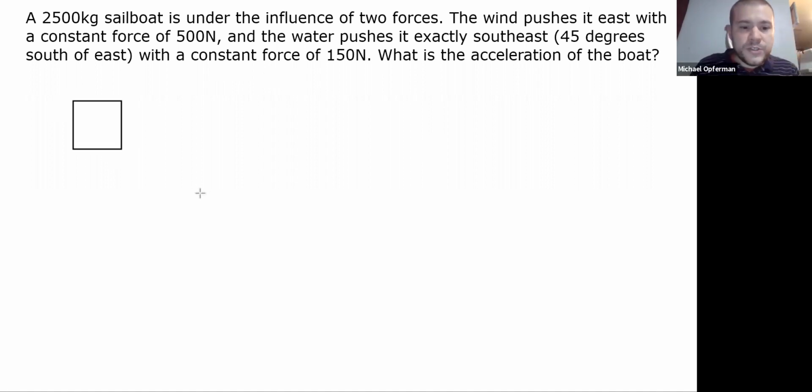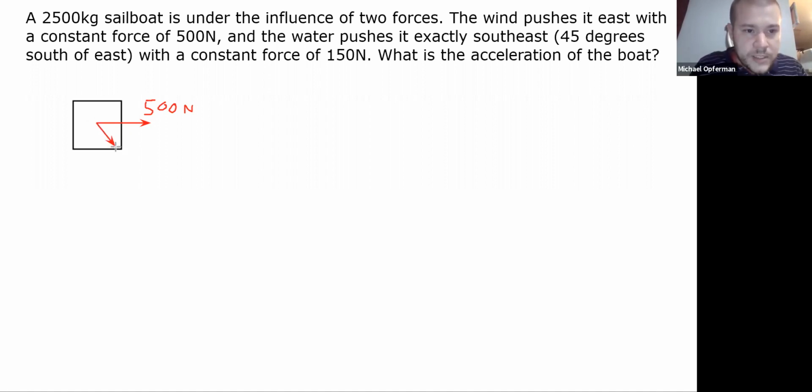Okay, the wind is pushing it east with a constant force of 500 newtons. So that's a 500 Newton force east. And then the water pushes it southeast with 150 newtons.